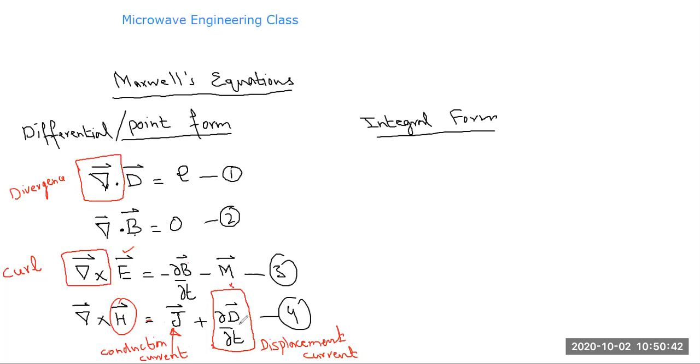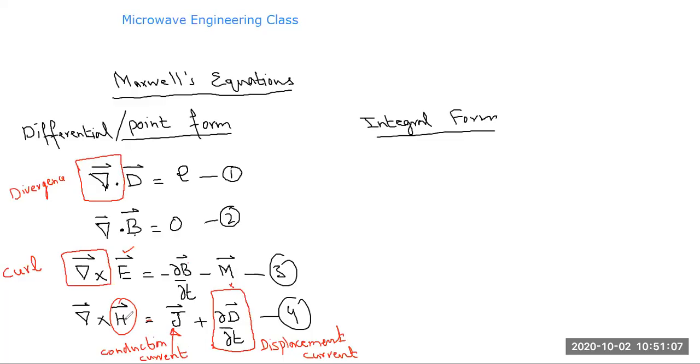So before Maxwell, people were of the idea that magnetic field is produced only due to conduction current, which means there has to be charges, and those charges should be in motion. So if there are no charges, there will be no current, and as a result, there will be no magnetic field. So there was difficulty in explaining that.